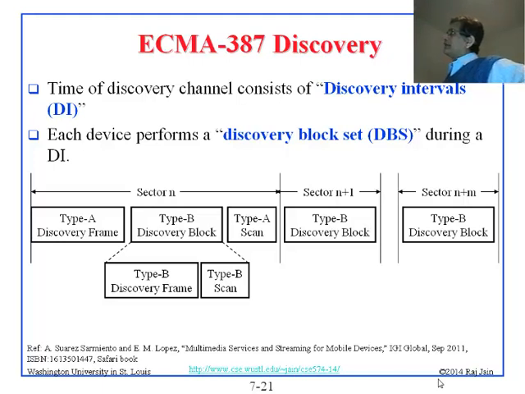So basically, type A devices will do type A and type B, and type B devices will do type B and some type A, which is coming up in the next slide. So each device performs a discovery block set. This is called a DBS, discovery block set. This is a discovery block and this is a set. Alright, a discovery block is simply finding out if there is somebody in this direction.